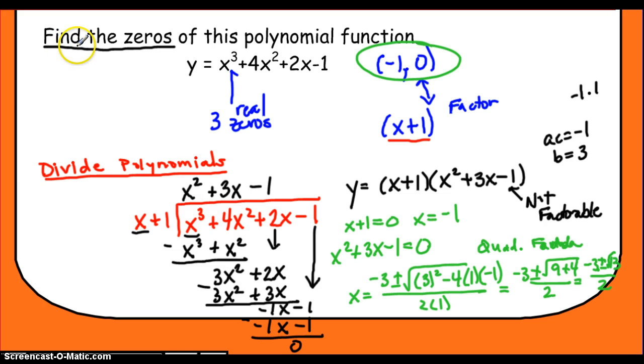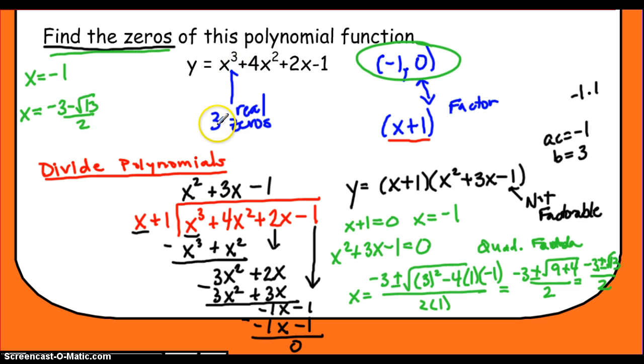So our ultimate goal again was to find the zeros, and we found them. One of our zeros, one of our values that will make our polynomial function equal 0, is -1. That's our rational one. Another one would be this irrational answer, -3 minus the square root of 13, over 2.